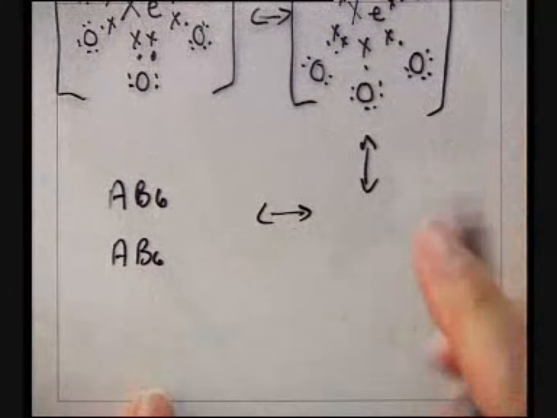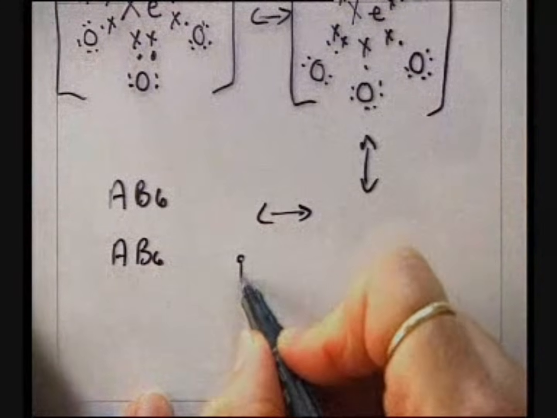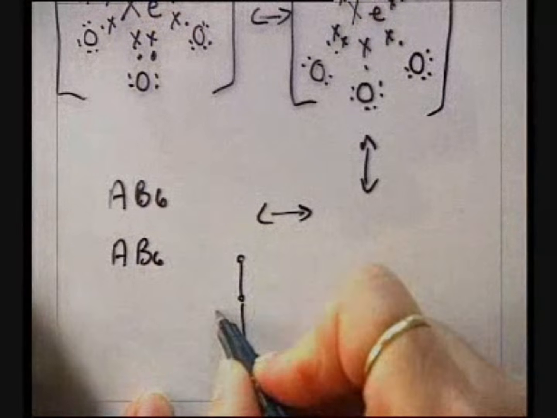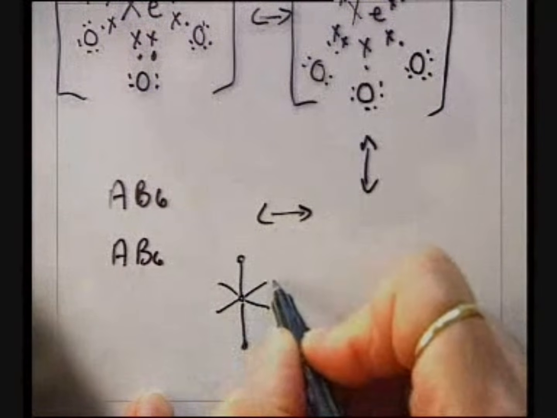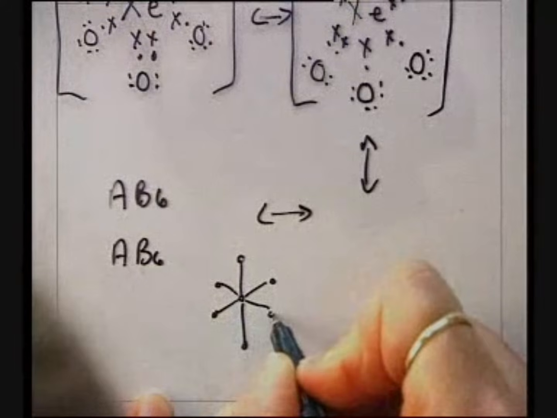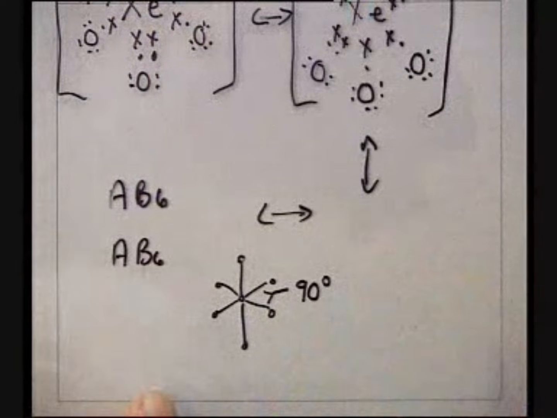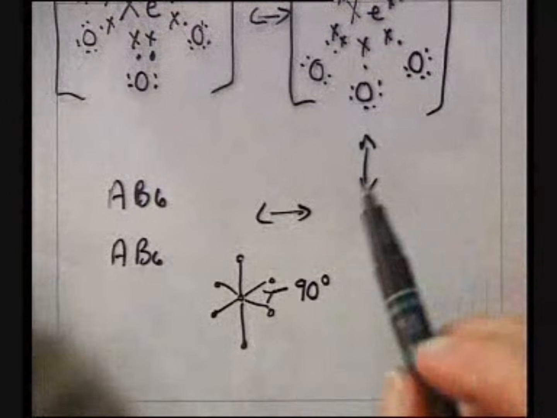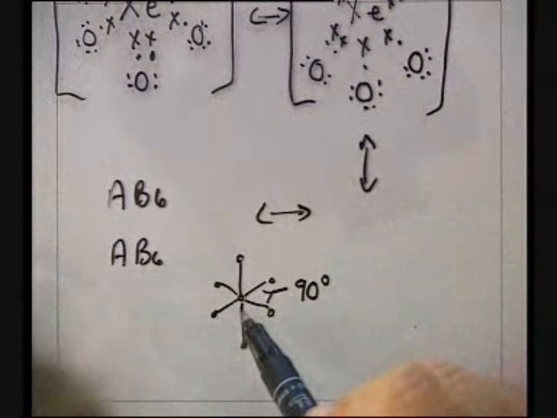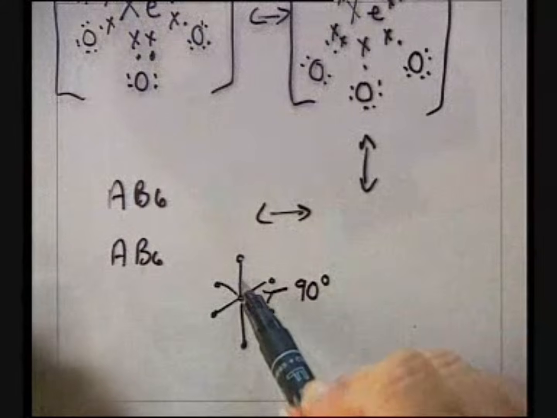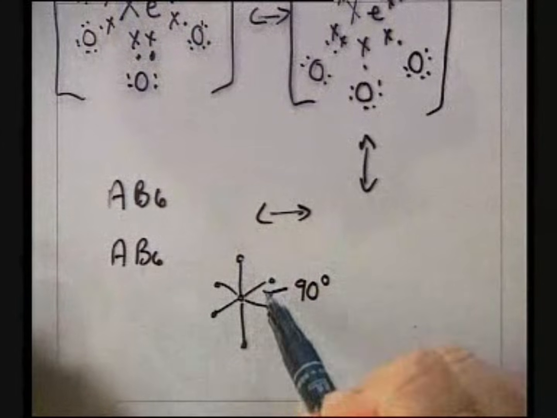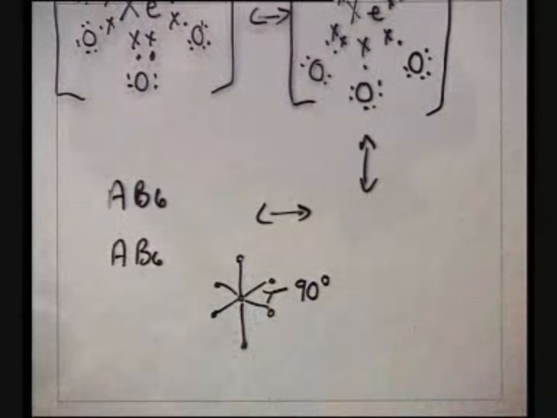AB6 electron pair geometry will predict the octahedral geometry. The bond angles all equivalent, exactly 90 degrees. We predict for our molecular geometry an octahedral structure with no bond angle distortions, bond angles all 90 degrees.